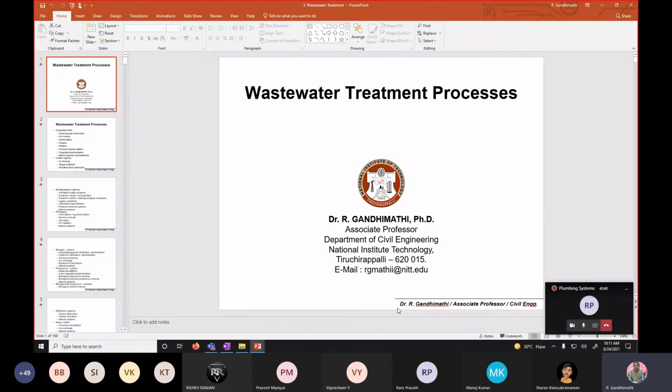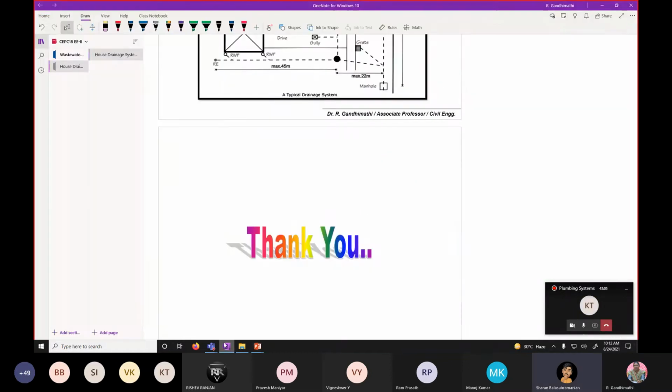Therefore, the main objective of wastewater treatment is to remove the suspended and floatable materials. Sometimes you can see oil and grease. Therefore, the first objective of wastewater treatment is to remove the suspended solids and floatable materials. Is it clear, students? Yes, ma'am.